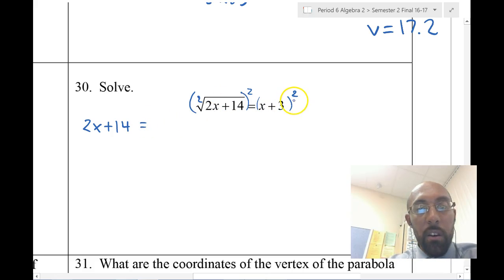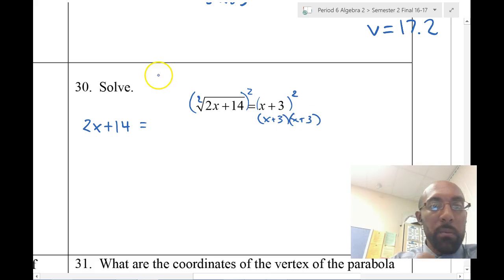And if you notice here, we're not just squaring a number, we're squaring a binomial expression. That means I have 2 of them, so we have to FOIL that, or use the box method as I taught you before. It's up to you how you want to multiply this.